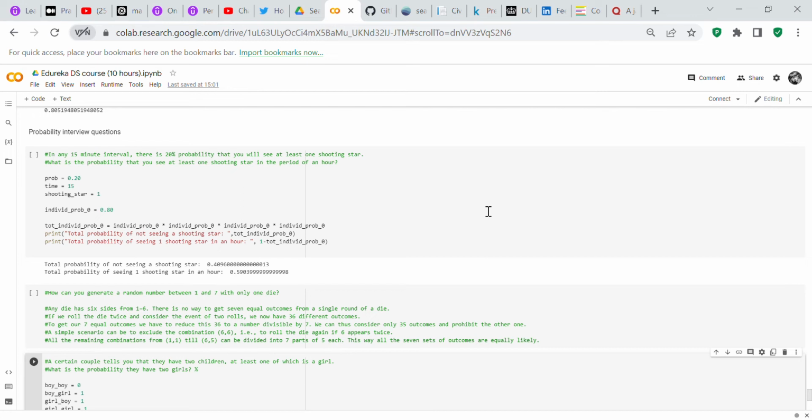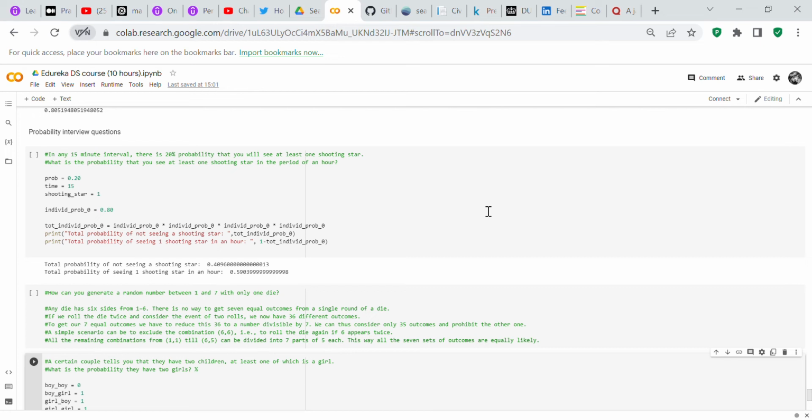So that's basically individual probability 0 to the 4th power. But for some reason, whenever I was doing this in Python, I couldn't get it to work with the 4th power, so I just did it that way. But if you're able to get it to work with the 4th power, then feel free.